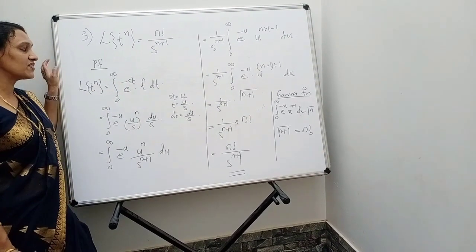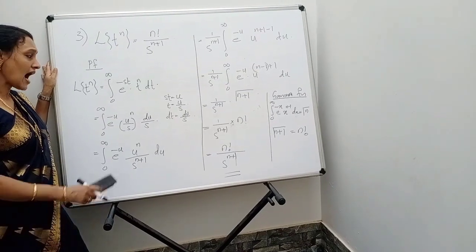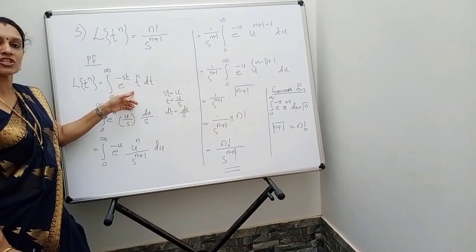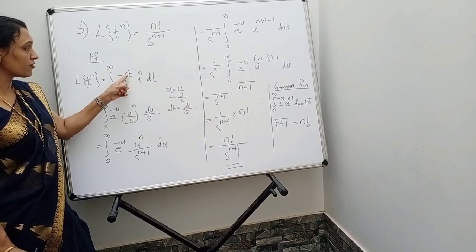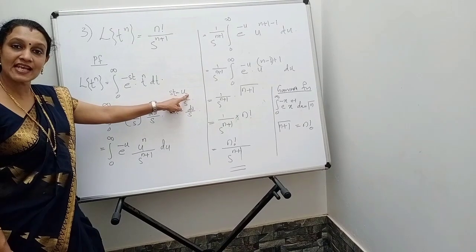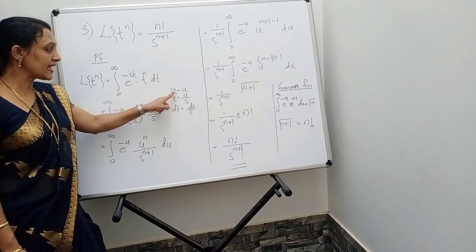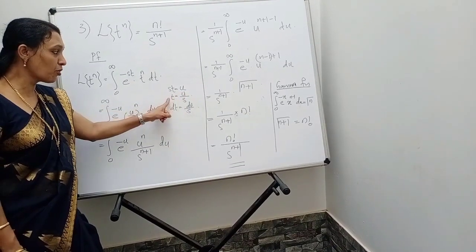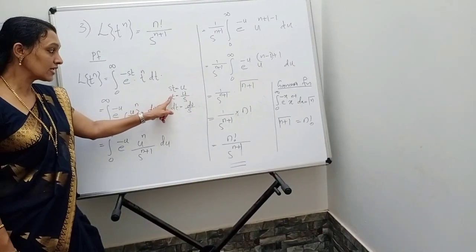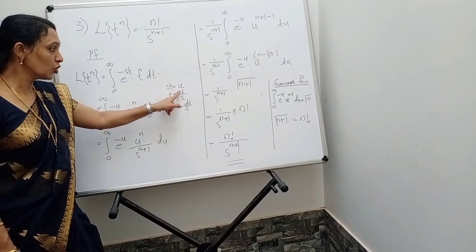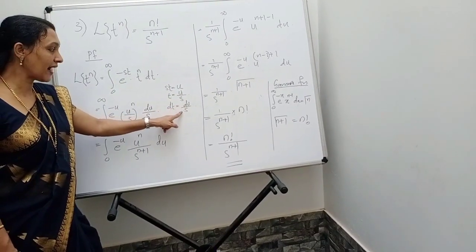See, in order to integrate this function, I am integrating this by the substitution method. Okay, so for that you put st is equal to another variable, say u. Therefore, t is equal to u by s. On differentiating both sides, you will get dt, its derivative, du by s.